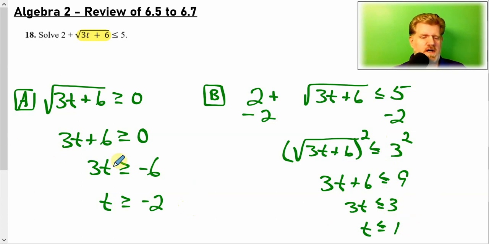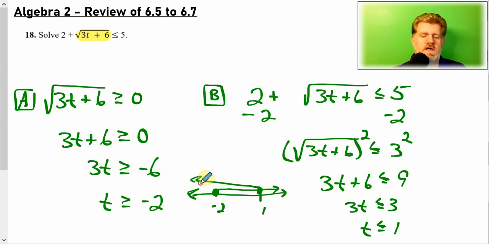So if you think about it, if t has to be greater than negative 2, and t has to be less than 1, all right, it's one of these situations. We have negative 2. It has to be bigger than it, so it's going that way. Then we have 1. Now t is less than 1, so it's got to be going that way.